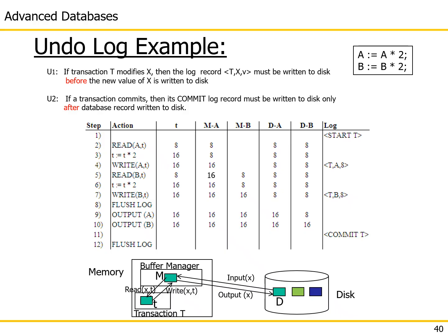The steps are listed in the action column, and the value of t, the temporary variable I'm using to do the computations, in the second column. And you have the value of a in memory, that's m-a, and the value of b in memory, that's m-b, and the value of a on disk, that's d-a, and the value of b on disk, it's d-b, and you have the log content. Okay, now the log content, obviously it's in memory.